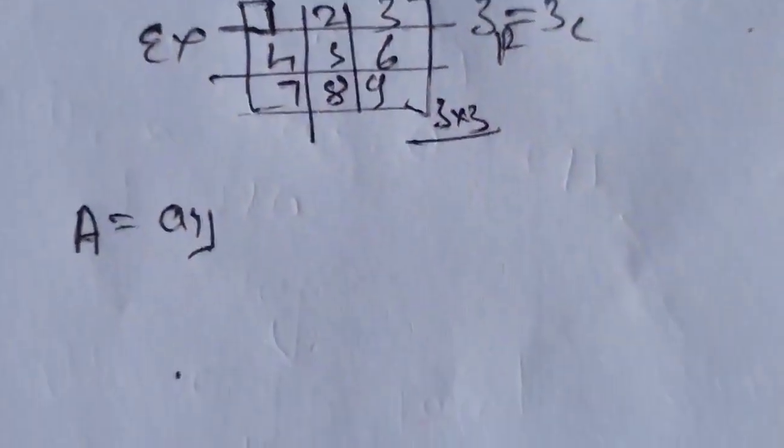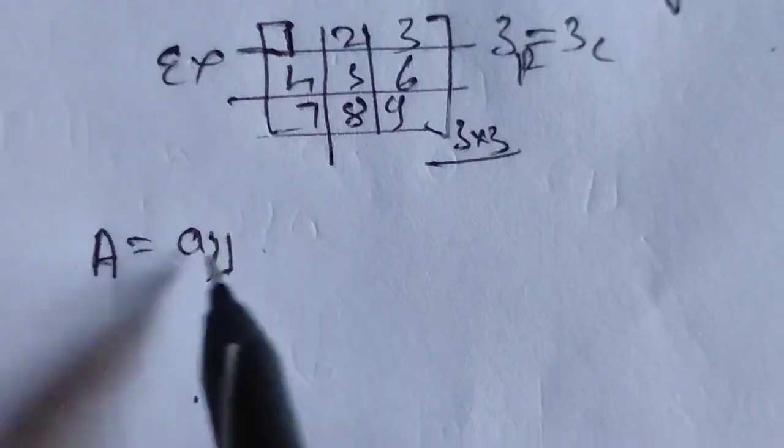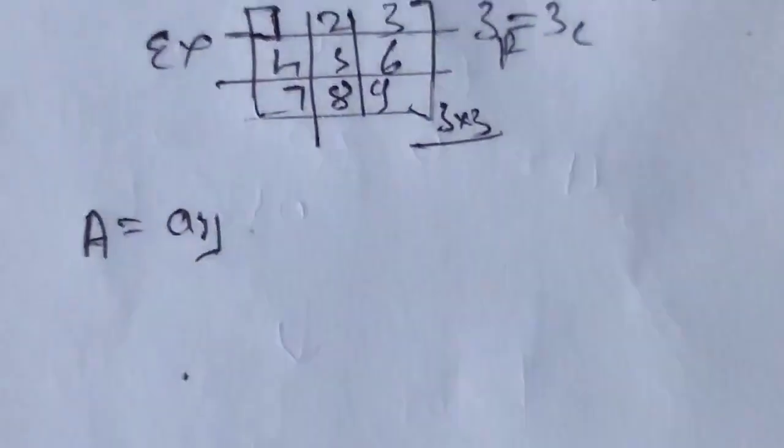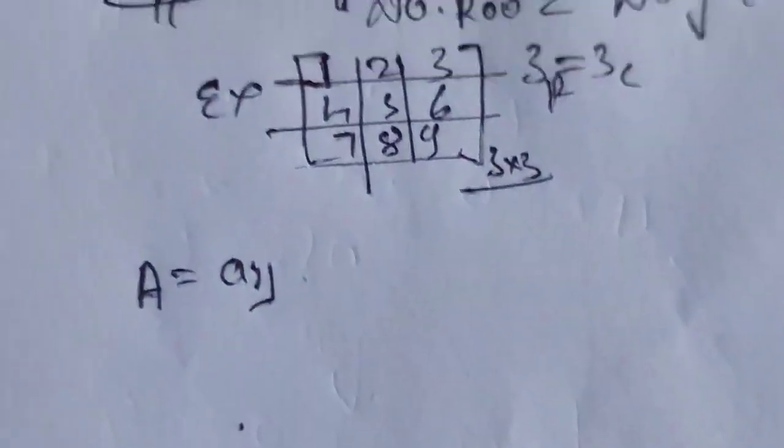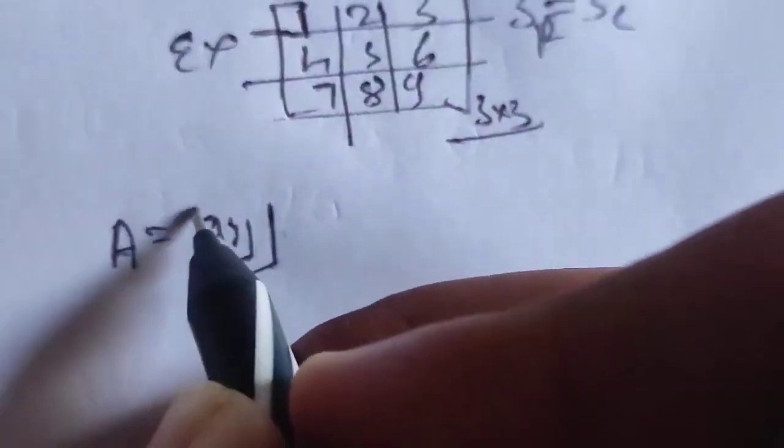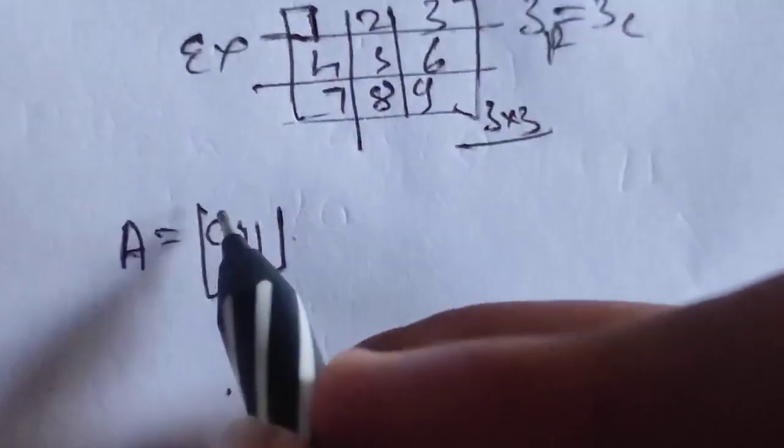So in general form, when we talk of 1 1, it becomes A11. When we talk about 2 2, it means the second row, second column intersection point, A22. Okay, so this is called A11. This is our matrix.